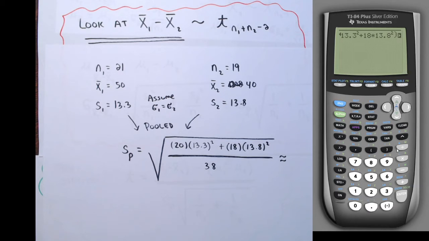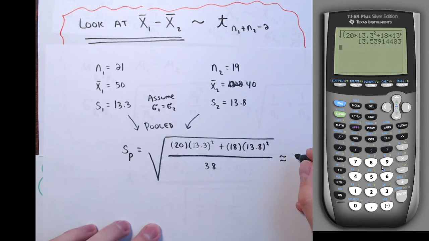That's all in the numerator, divided by 38, and make sure this is all underneath your square root symbol. So this pooled estimate of the standard deviation is approximately 13.54.